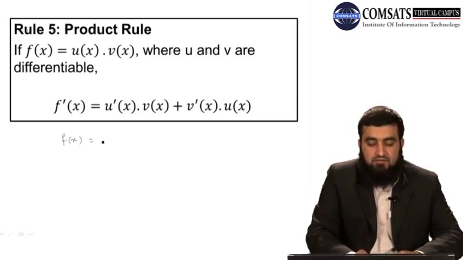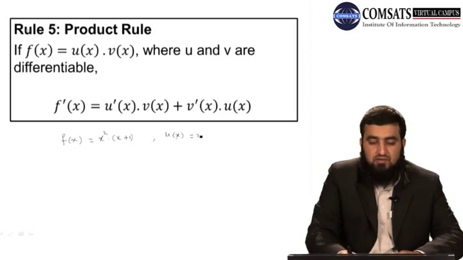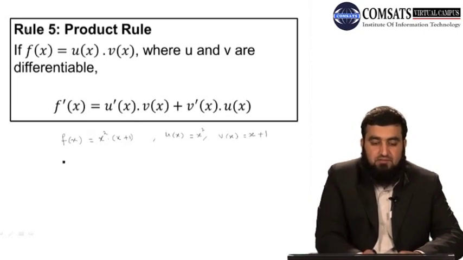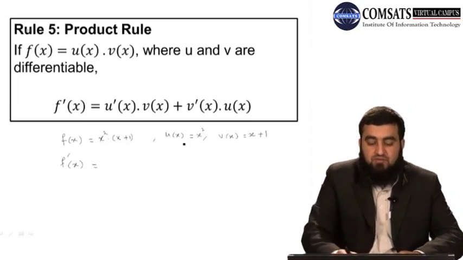So for example, if you have f of x equal to x square into x plus 1, then here u of x is x square and v of x is x plus 1. So you need 4 terms to find f prime of x. You have 2 terms, which are u of x and v of x.